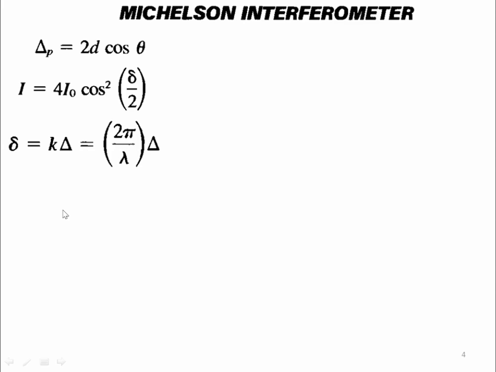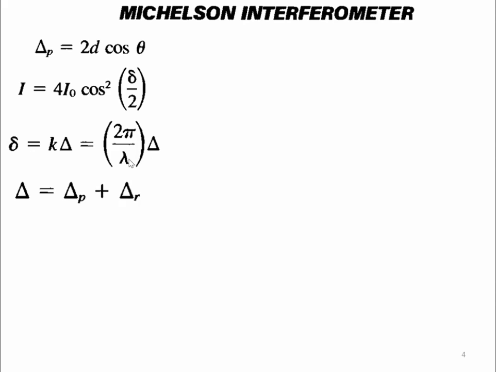You can do a little homework in your notebook: for a path difference of lambda, the phase difference should be 2 pi, right? So what will be the phase difference for 1 unit path difference? That would be 2 pi by lambda, correct? So the phase difference for, say, delta path difference should be 2 pi by lambda into delta. So that's what we have done here.